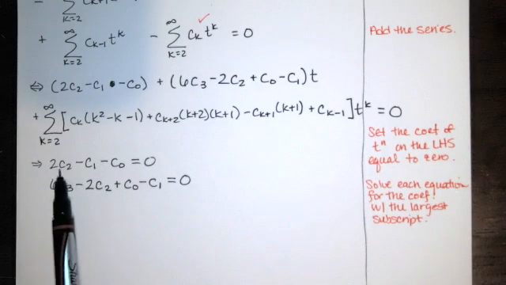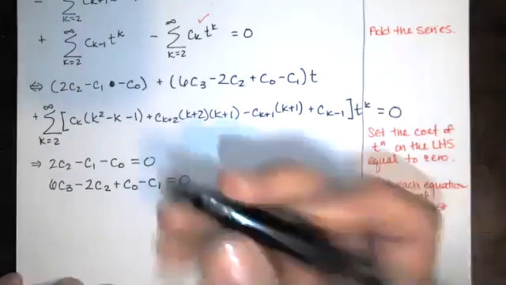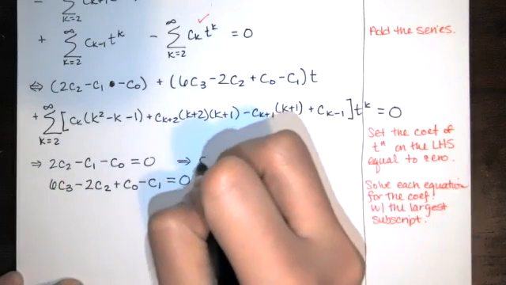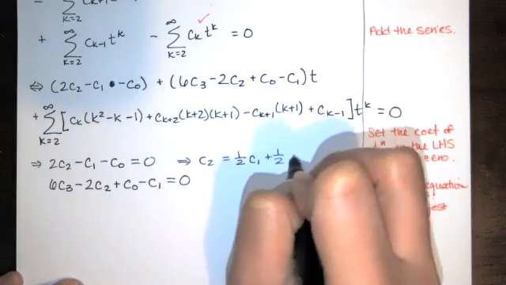So we're going to be able to get c sub 2 in terms of c sub 1 and c sub 0 here by just adding these to both sides and then dividing by 2. So c sub 2 is 1/2 of c sub 1 plus 1/2 of c sub 0.